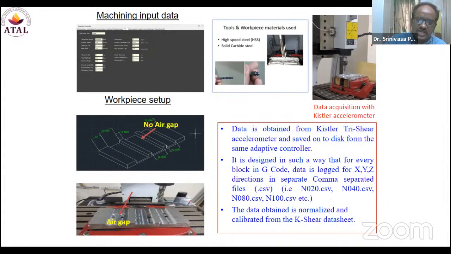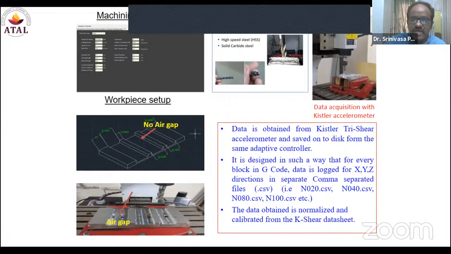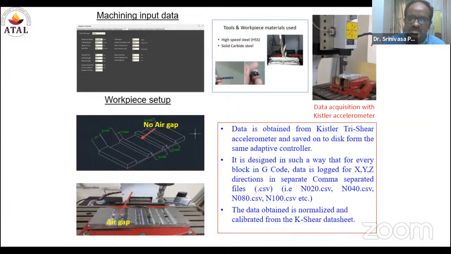So that is how the vibration feedback acts as an input parameter for changing the input instruction for the CNC machine.